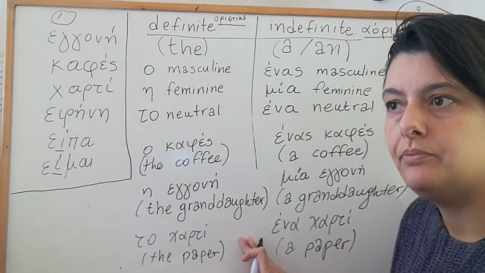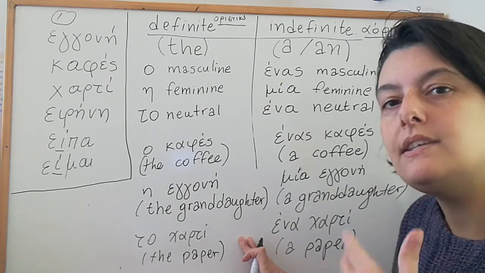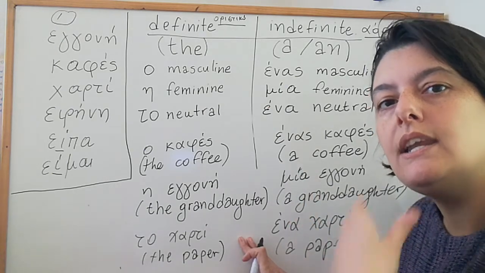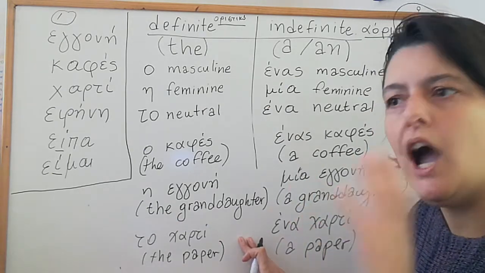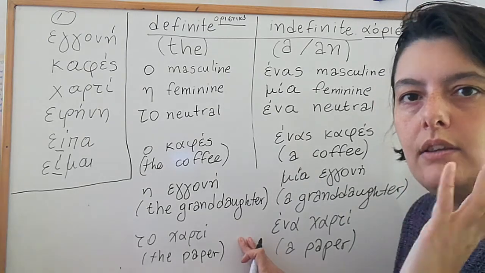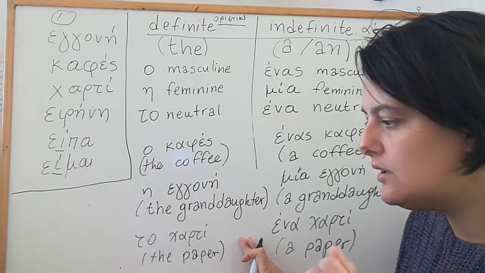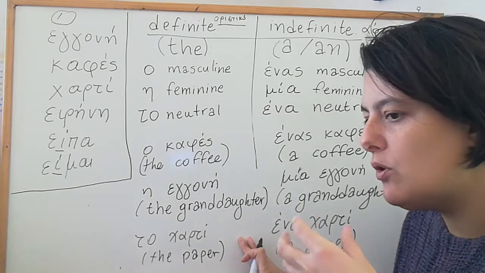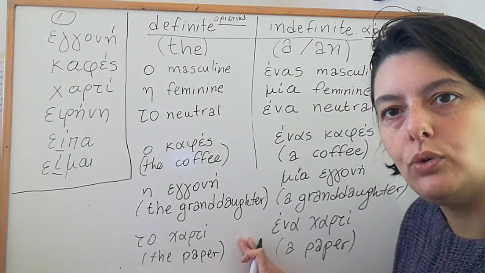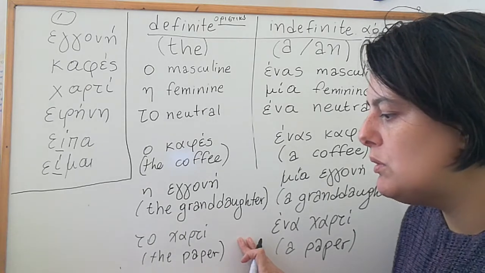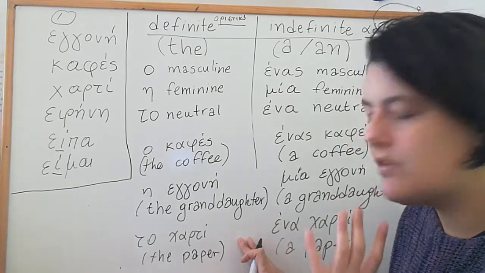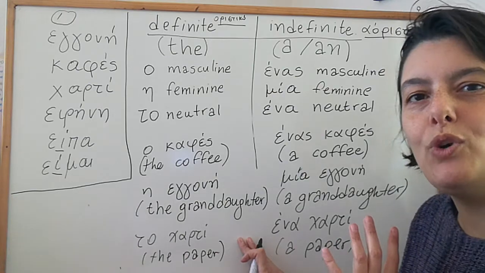But this is something that we're going to learn in another lesson. I don't mind if you conjugate the articles yet, and it's something that I don't want you to know yet, because it's more advanced and more complex for you. So, for the time being, this is what I want you to remember.